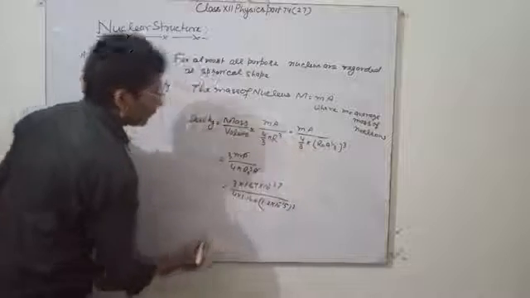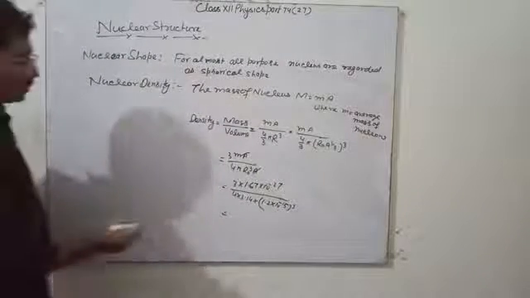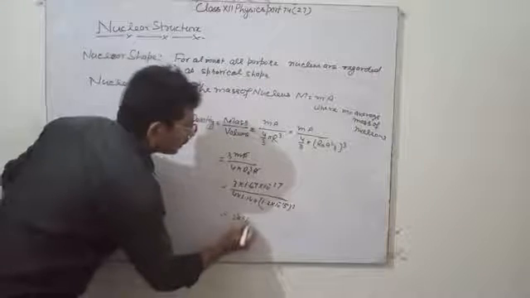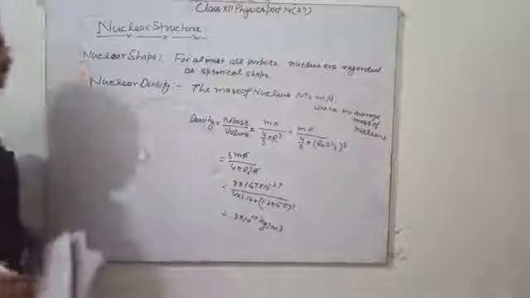After solving, we get the density approximately 2 into 10 power 17 kg per meter cube.